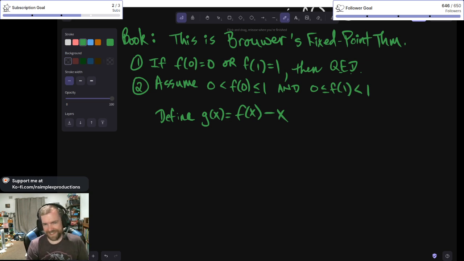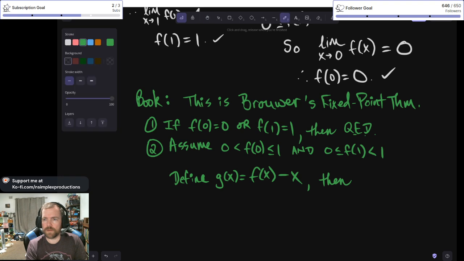Yeah, we're getting there. If we define g of x as f of x minus x, then g at 0 is going to have a positive value.